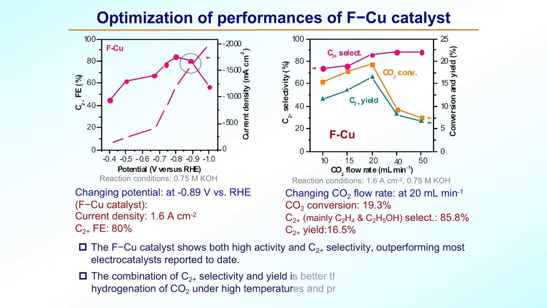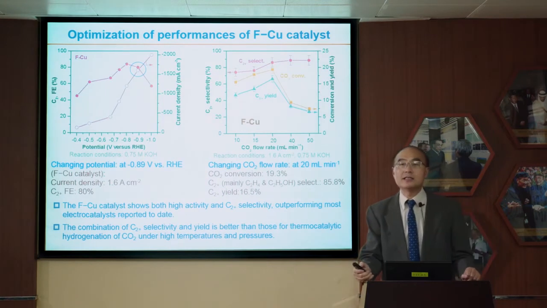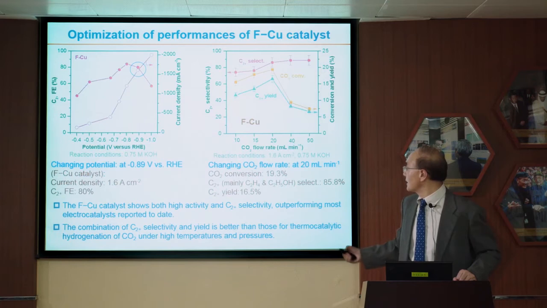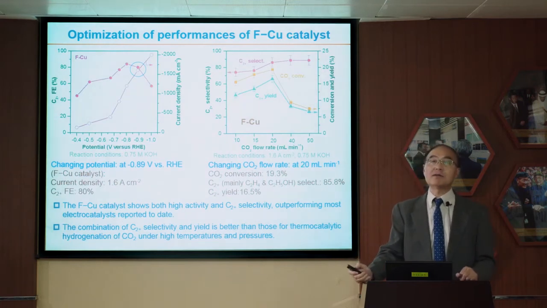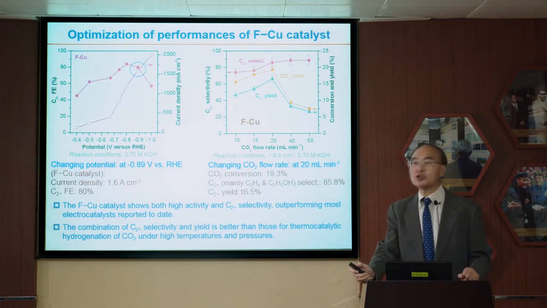The single-pass CO2 conversion reached about 19%, and C2+ selectivity was about 86%, offering single-pass C2+ yield of 16.5%. Such a combination is even better than those for thermocatalytic hydrogenation of CO2 at high temperatures and high pressures.